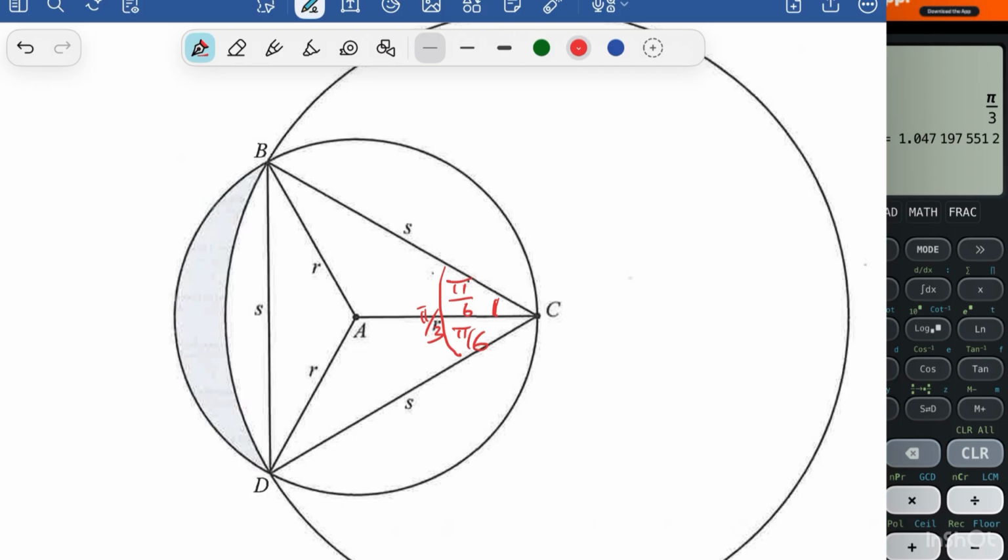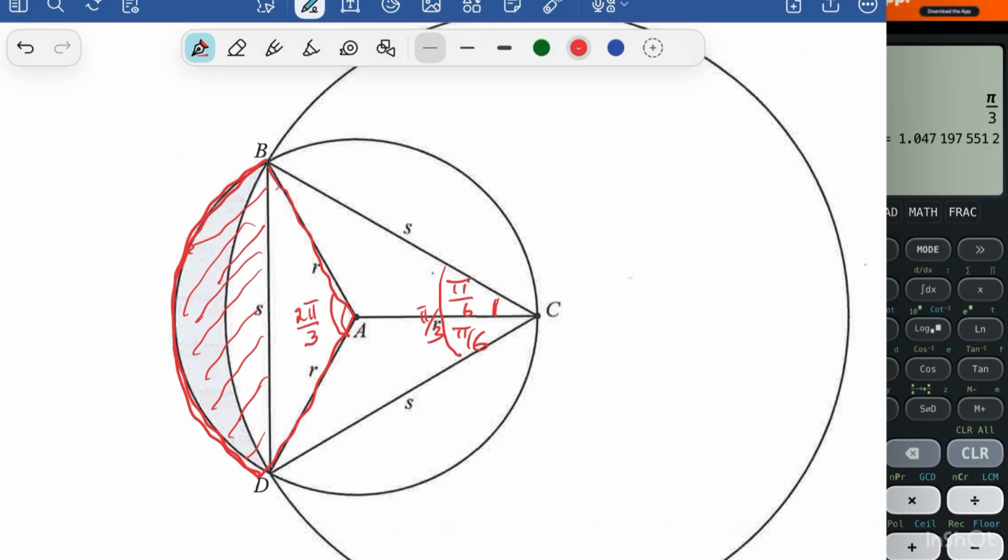I think I messed it up. So to find here actually, we need to use this angle. Okay, because this sector is for this. This is the sector. So to find there, we need to use that. Okay, so this is 2 pi by 3.